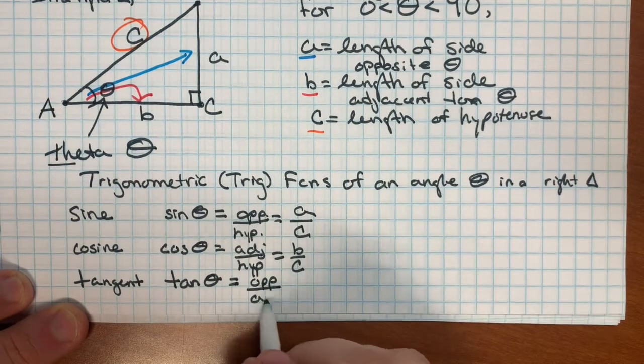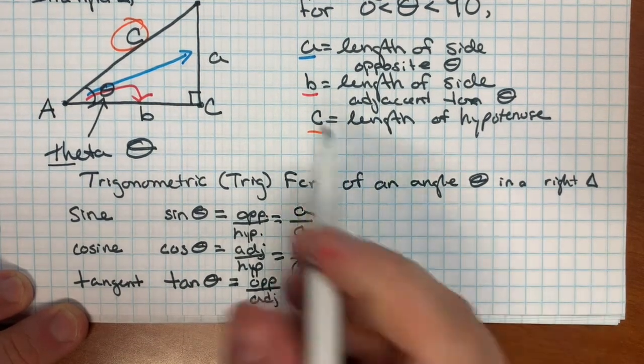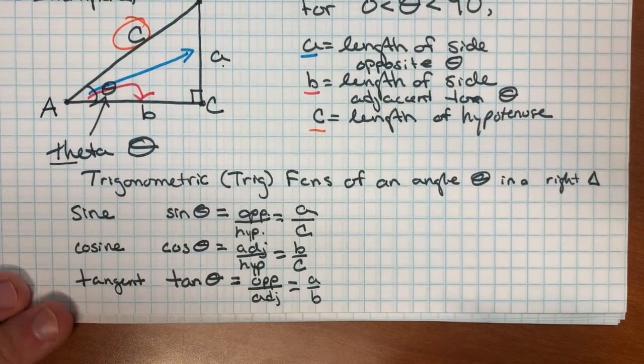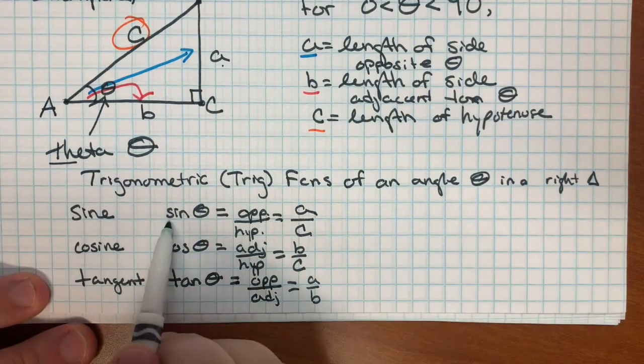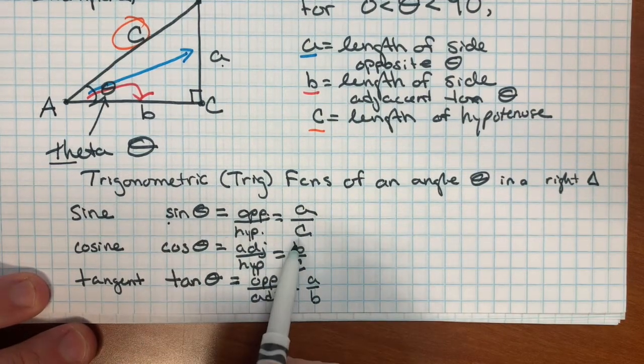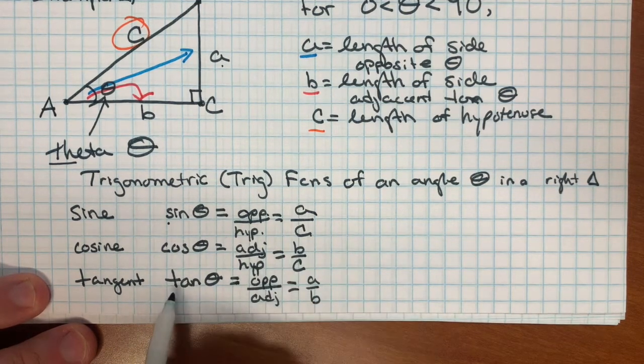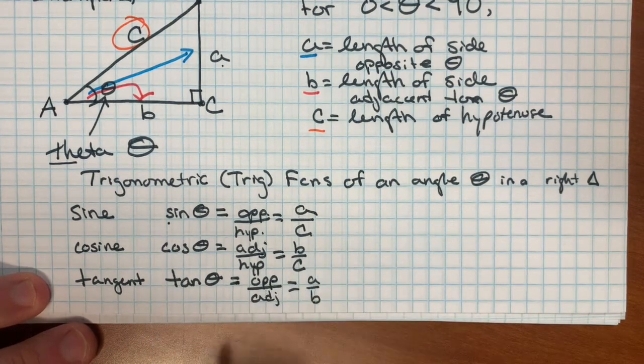Opposite over adjacent, which is A over B. So we say the sine of theta is A over C, the cosine of theta is B over C, and the tangent of theta is A over B.